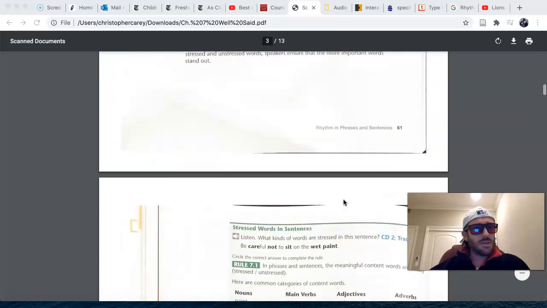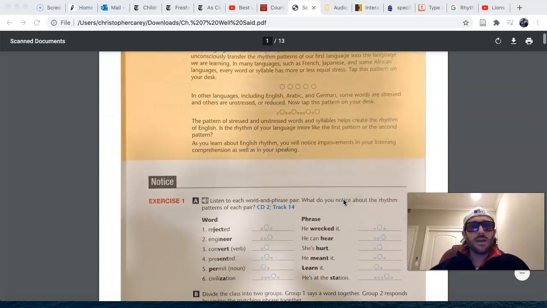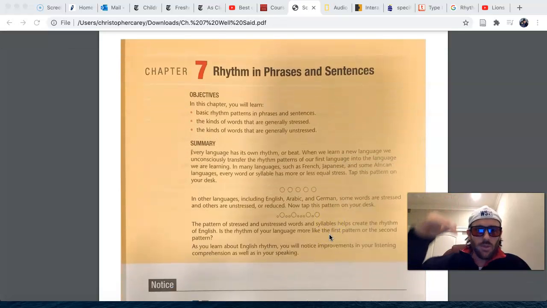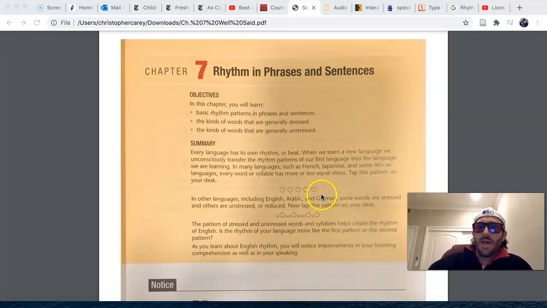It takes us back to the very beginning of the chapter. We talked about it, right? That in English, we have this difference, this pattern that we looked at the very beginning. And if your first language does not have this pattern, and you're adopting or using that pattern in English, you've got to be careful. Sometimes, if you're stressing all the syllables in your speech, you can come across as a little abrasive, right? A little rude.